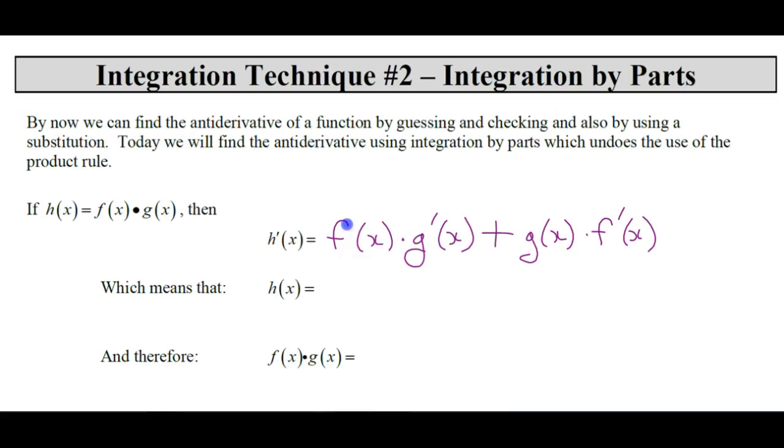Which means that if I want h of x itself, then what I need to do is take the integral of this, right? I need to undo what I just did. And integration undoes differentiation.